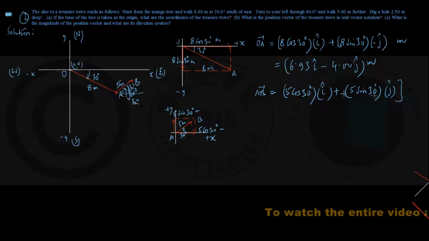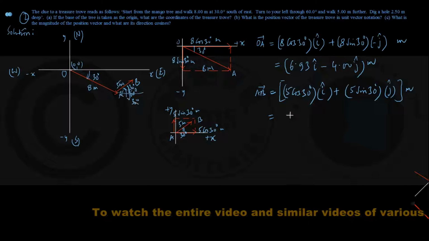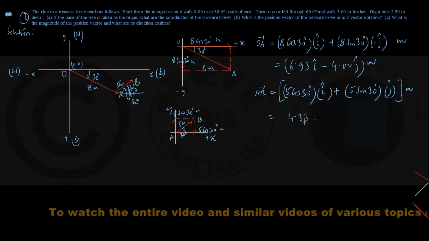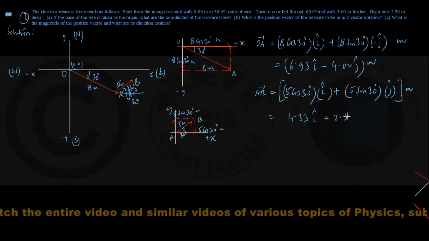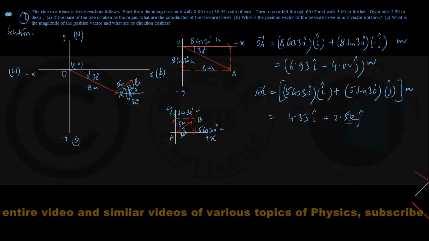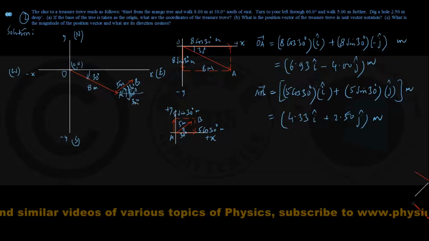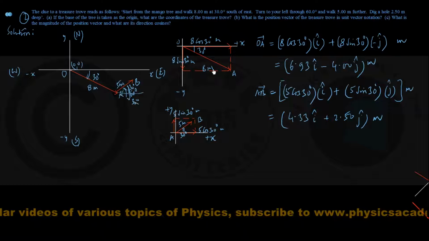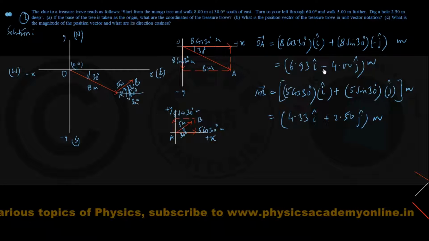And this whole thing is in meters. Once again, you can check that it comes out to be 4.33 i cap plus 2.50 j cap meters. So we have here the displacement parts OA and AB expressed in terms of i and j as shown.